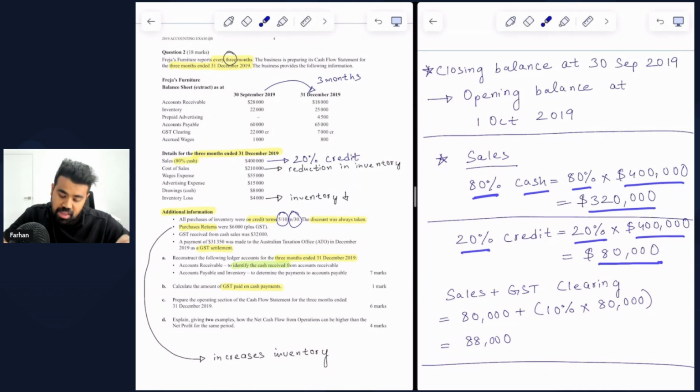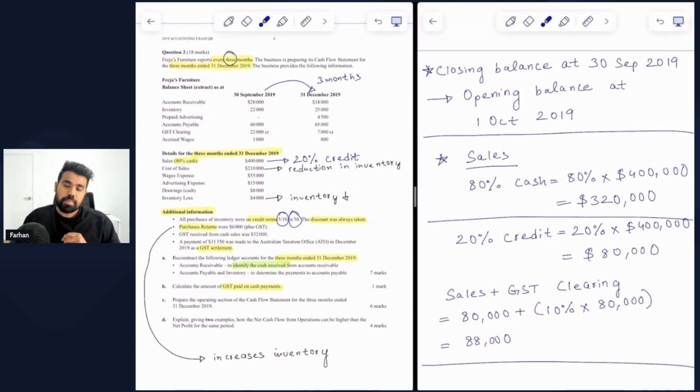So this $80,000 is what we have sold on credit to our accounts receivable. But your accounts receivable do not just owe you the amount for sales of the inventory only, but also the 10% GST that goes on top.